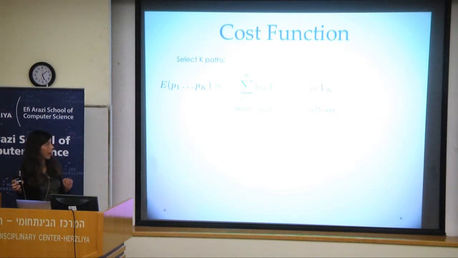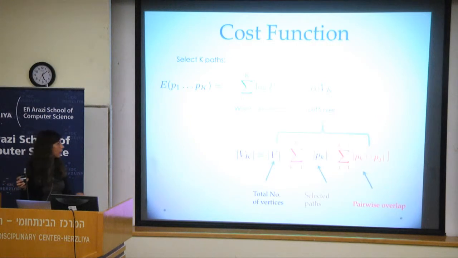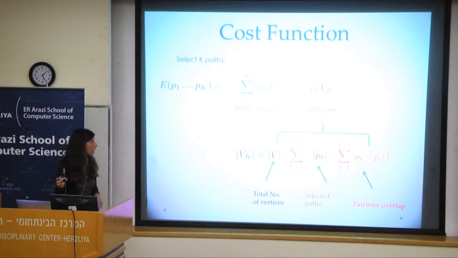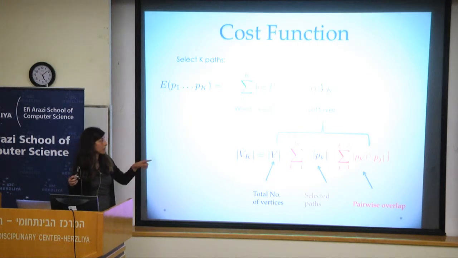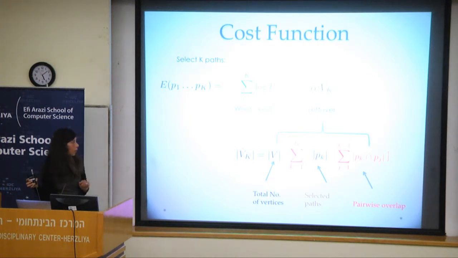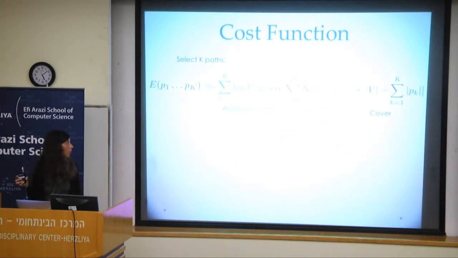So in order to do that, first let's define the leftover in a different manner. What is the number of the leftover vertices? It's the total number of vertices that exist in the graph, minus all the vertices that already participated in the selected paths, minus the overlap. Okay, so we can put this all together, and now we can minimize this cost function.